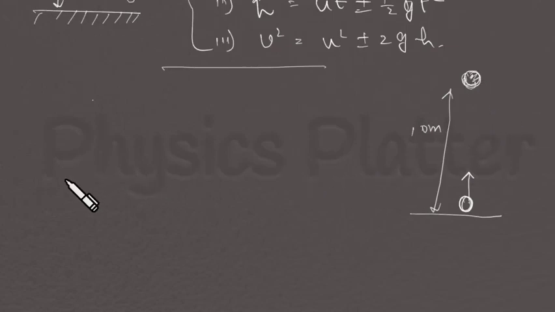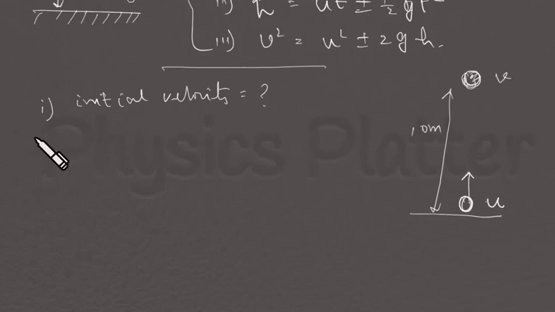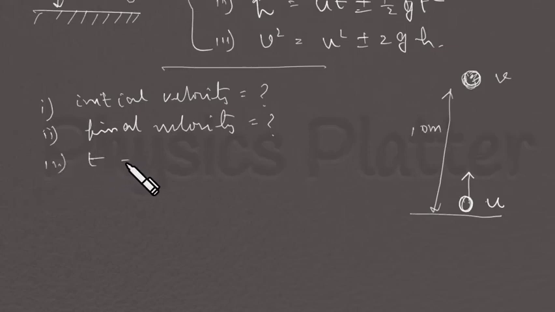The question is, what was the initial velocity of the body, which we will consider as u? What is the final velocity of the body? And then how much time it took to reach the maximum height.